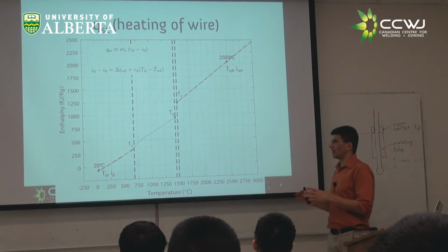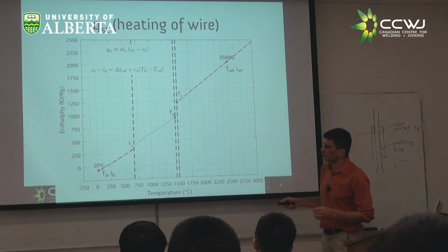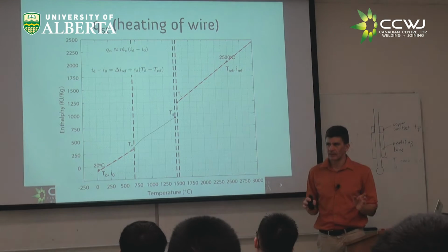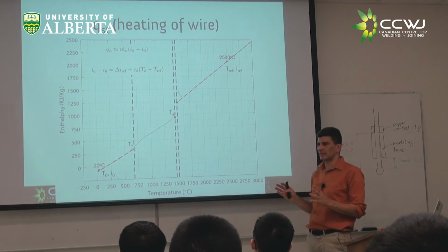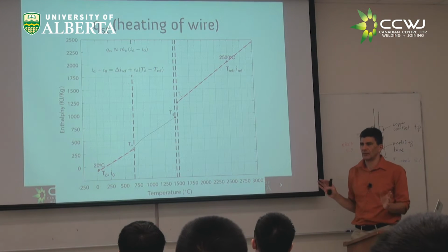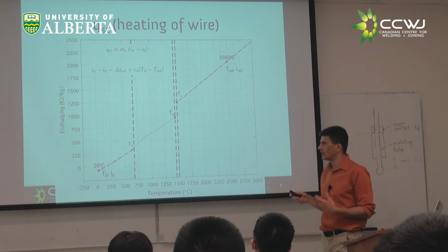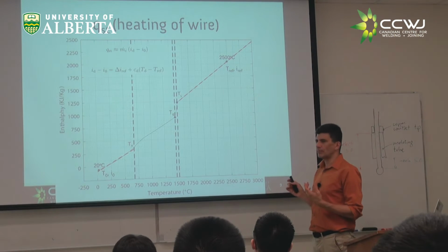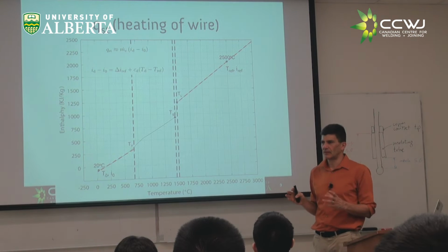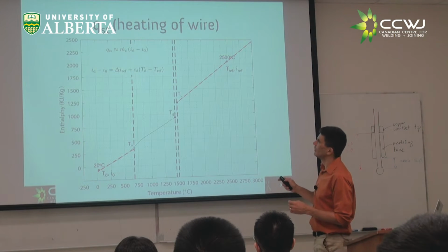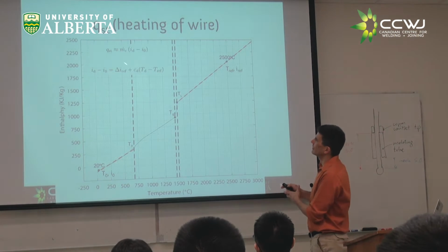So in welding, you start at 20 degrees, give or take. You finish, the droplet is at 2500 degrees in steel, give or take, right? And I know this because we measured it. So what I'm going to propose to calculate the amount of heat stored in our wire is to do this.